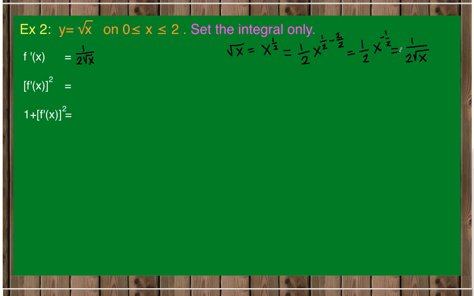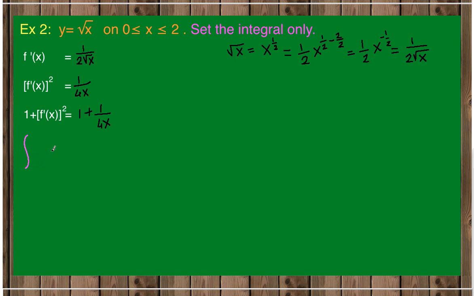Now we're going to square this quantity. 1/2 squared is 1/4, and square root of x squared is just x. Now we're going to add 1 to this quantity: 1 plus 1 over 4x. Our ingredients are ready, so we can go ahead and write down the arc length formula.